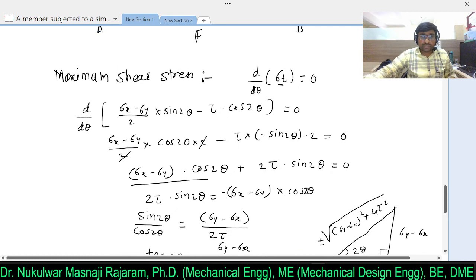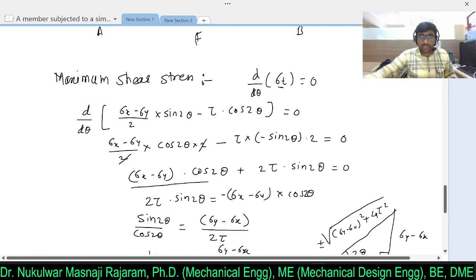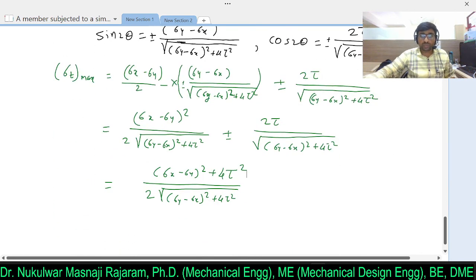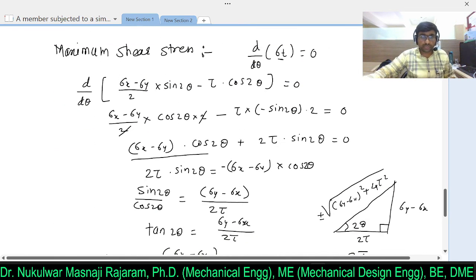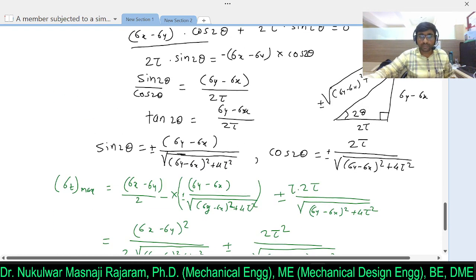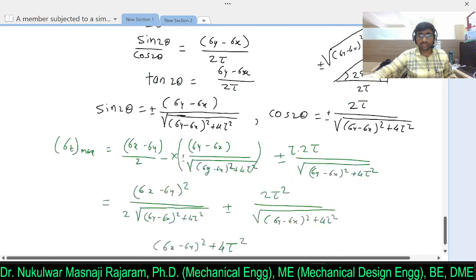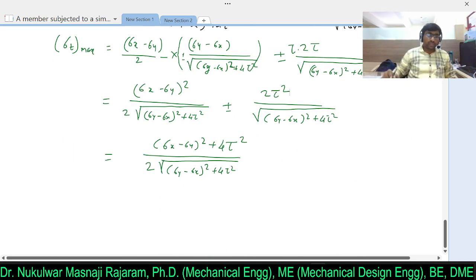So the equation is tau into cos of 2 theta. So what we missed? We missed the tau. Clear? Into tau. So this will become 2 tau square, and that's why here I will get the 4 tau square. Simple. Because the equation, if you observe, is tau into cos of 2 theta. So here I will get 4 tau square. Again both are similar thing, because this is again plus or minus.